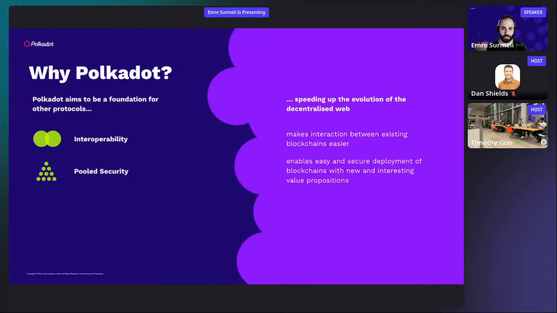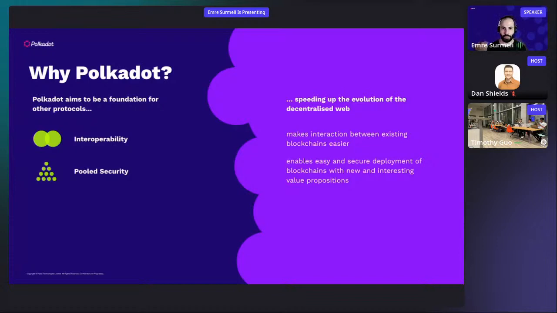So pooled security is really important, and it's actually really awesome, because if you imagine how Bitcoin came to be, it took a while for it to get to the type of security it has right now. So it's very expensive to attack a network like Bitcoin that has a lot of participants, a lot of nodes securing it. So the cost of attacking that network is quite high, but it didn't used to be.